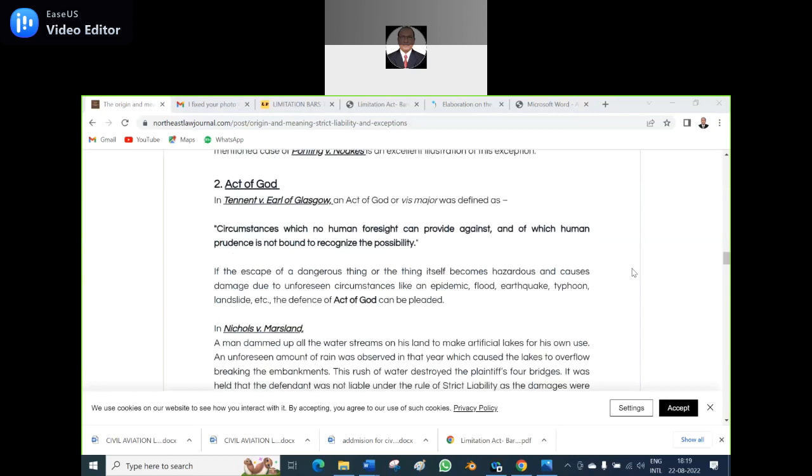Then the act of God, that is called vis major. What is the civil law terminology for vis major? Vis major is the common law terminology.